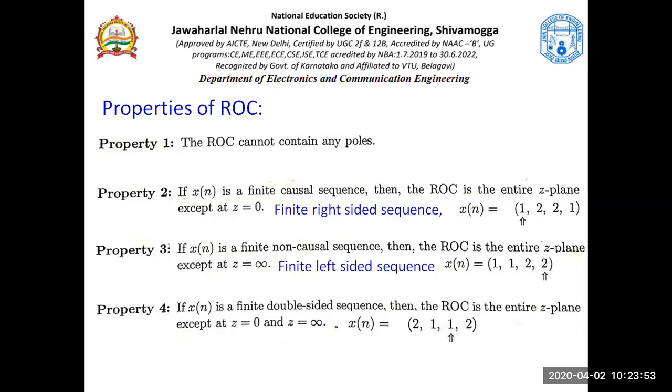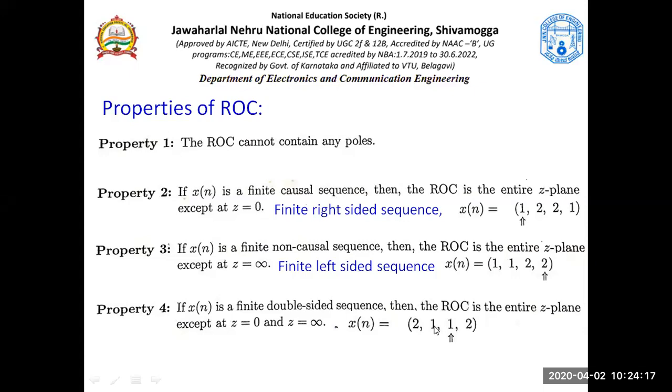For a left-sided sequence, it is the entire Z plane except Z equal to infinity. For a double-sided sequence, it's the entire Z plane except Z equal to 0 and Z equal to infinity. That is what we've written. This is just for your reference. You can stop your statements here. This is something that I have taken for your reference.